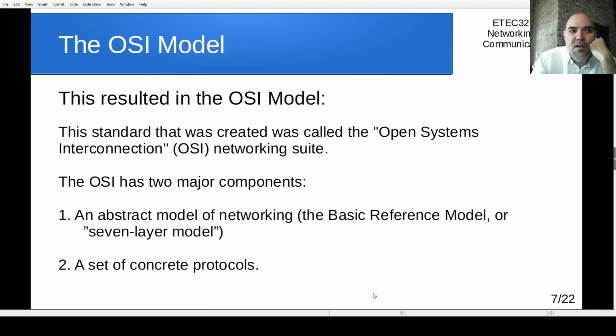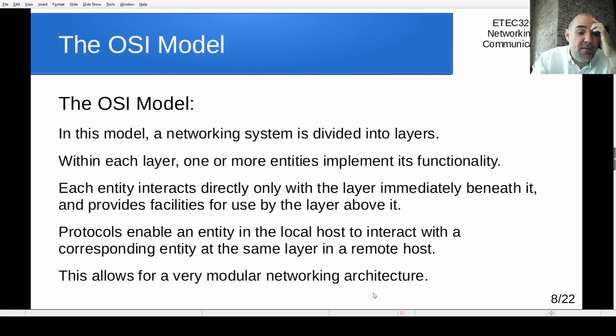It's a little more coarse-grained than that when we get to TCP/IP. All right, so let's take a quick look at what the basic OSI model is set up as. Essentially, if you think of it as, here's some data, I want to get this to another computer somewhere, it divided the functionality of the networking system up into these different layers.